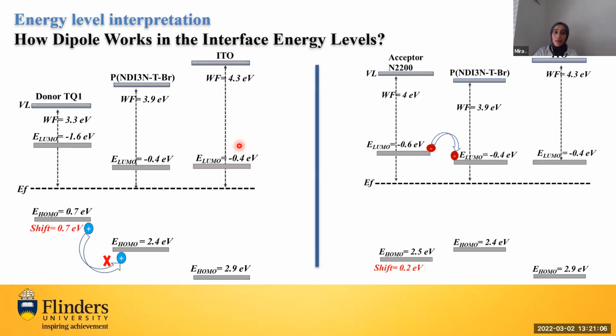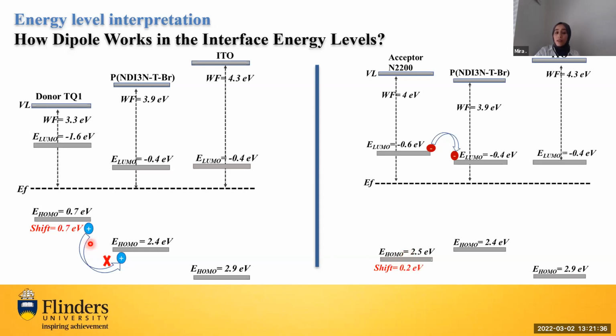So the question is, how does the dipole work at the interface? Here we have all the layers together. Due to the dipole formed at the interface, we can see the HOMO energy level and LUMO energy level in both TQ1 and N2200 shifted upward, by around 0.7 electronvolt in TQ1 and 0.2 electronvolt in N2200.